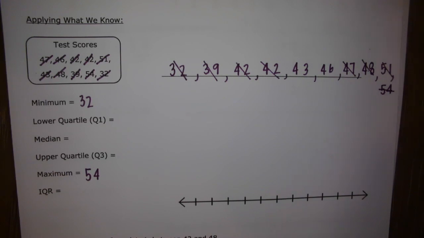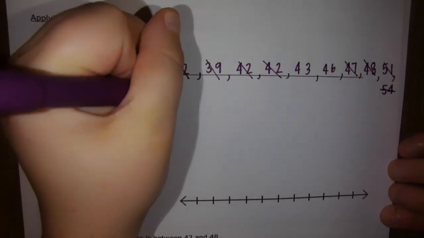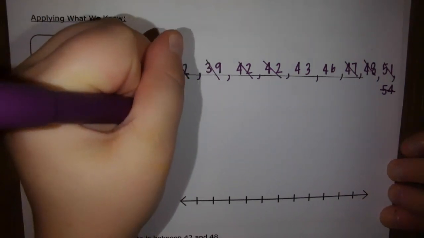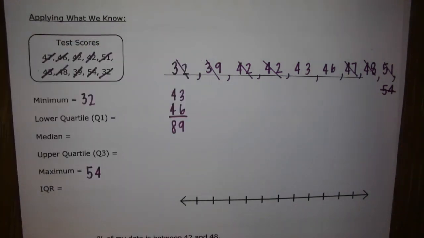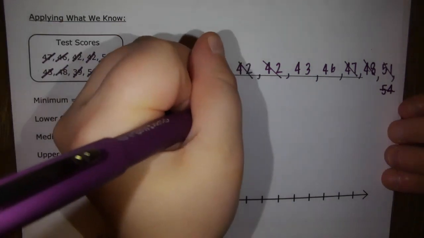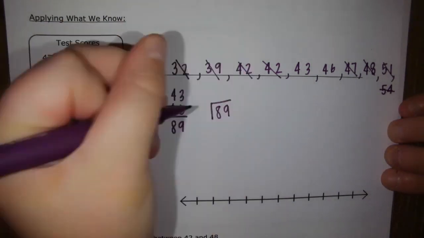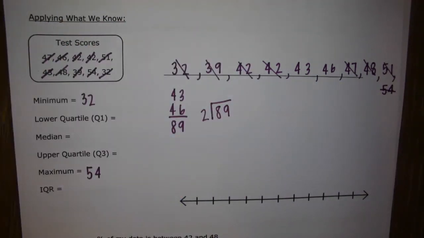We've practiced this a variety of different ways. I'm just going to add them together and divide by 2. So 43 plus 46 is going to take you to 89. And then we have to half that. So we've got to find out what half of 89 is.